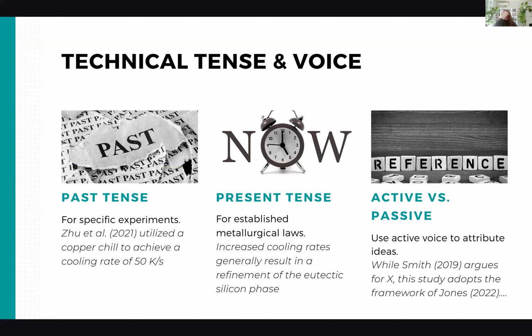And finally, for a long time, passive voice was standard in scientific writing. But in the past several decades, we have moved on to active voice. So where possible, you can use active voice, especially when attributing ideas. So you can write that Smith argues for X, but this study adopts the framework of Jones.